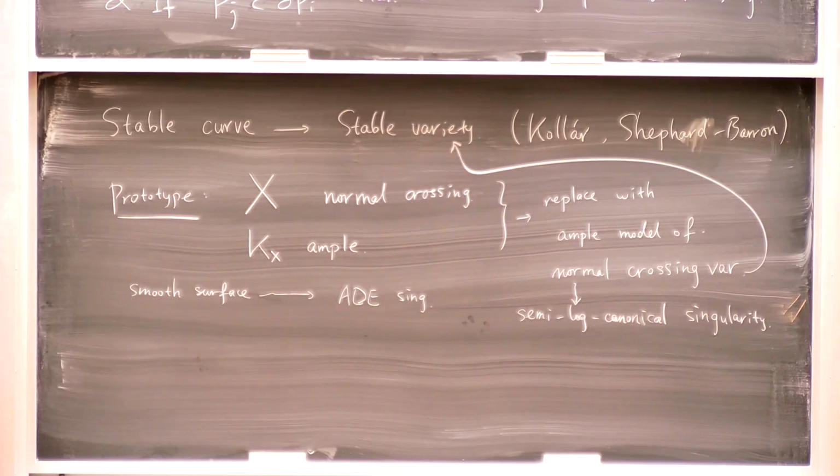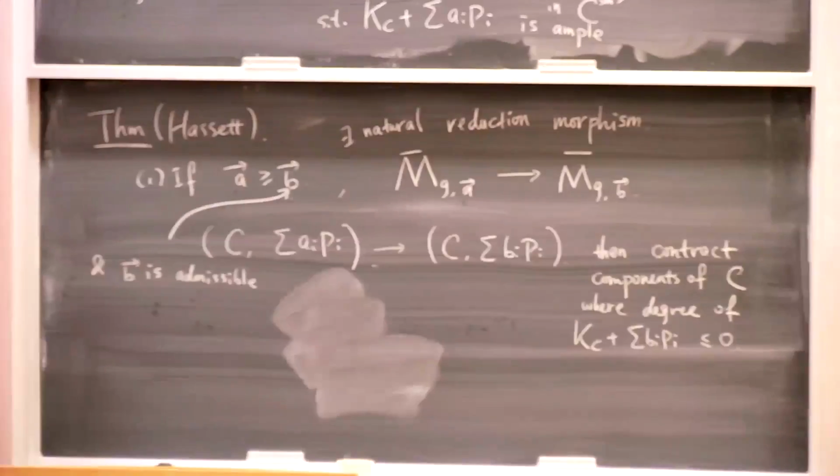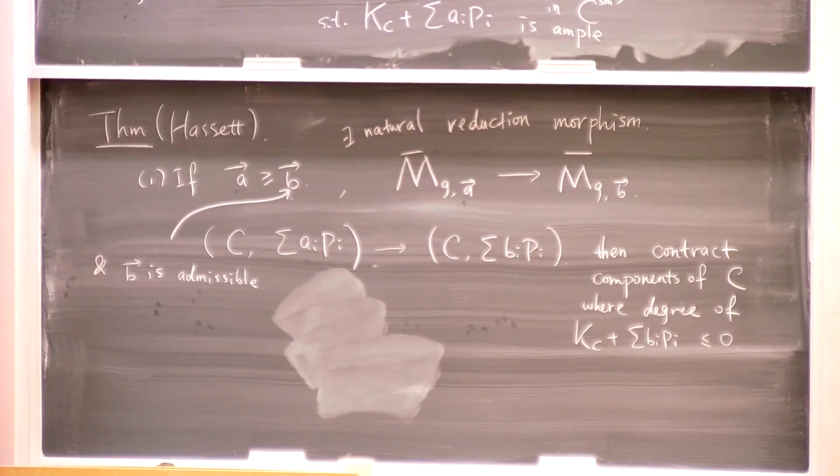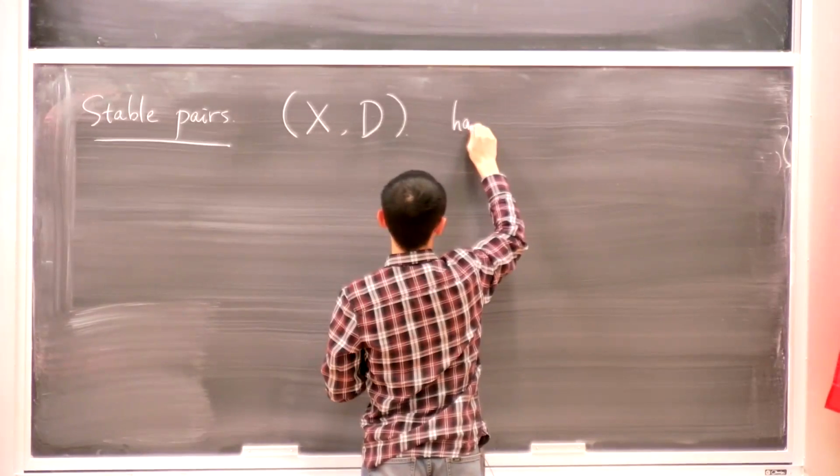So in general, if you want to talk about the higher dimensional theory, the correct object to parameterize in this moduli space would be the so-called stable pairs. So these are a pair consisting of a variety and a boundary divisor, where this pair has semi-log canonical singularity.